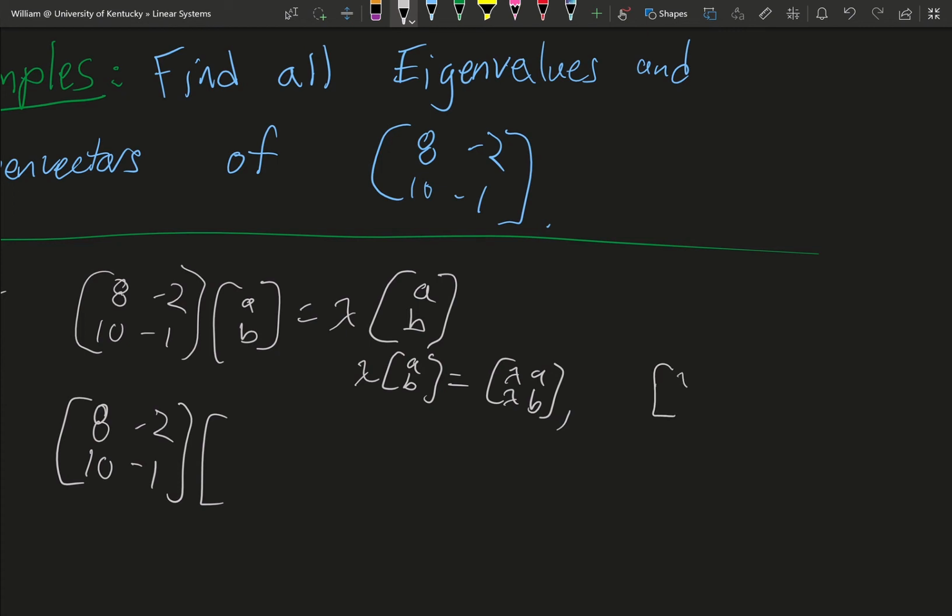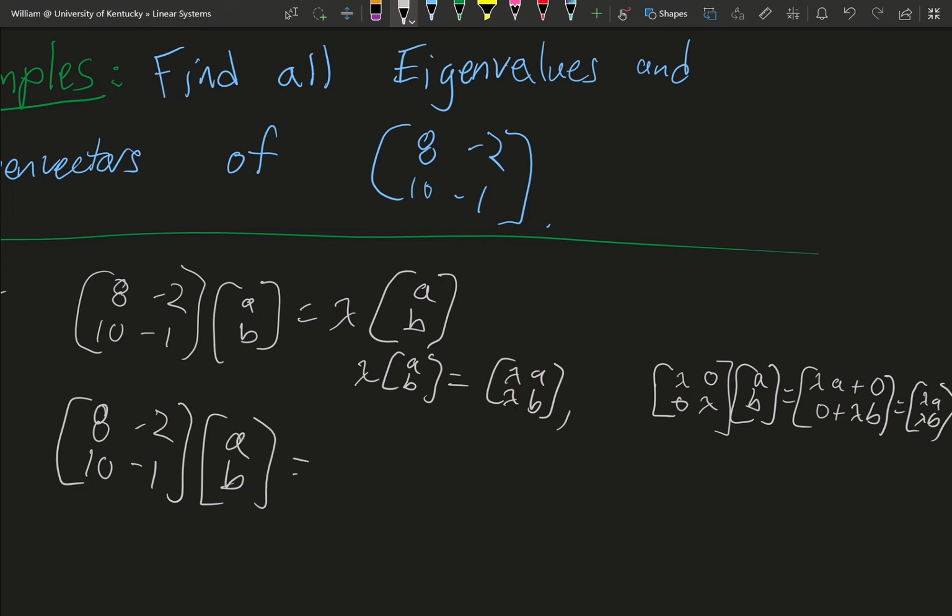If I look at the matrix where I have zeros off the diagonal, but on the main diagonal I have lambdas, and I multiply that by (A, B), I get lambda A plus 0 and 0 plus lambda B. So I get lambda A, lambda B.